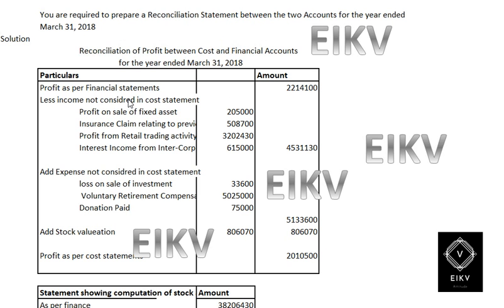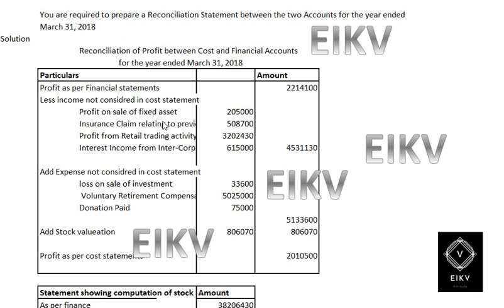Starting with financial profit, we need to deduct income not considered in the cost statement. Some of the incomes which are not considered in cost statements are profit on sale of fixed asset, insurance claim related to the previous year, profit from retail trading activity, and interest income from intercorporate deposit.